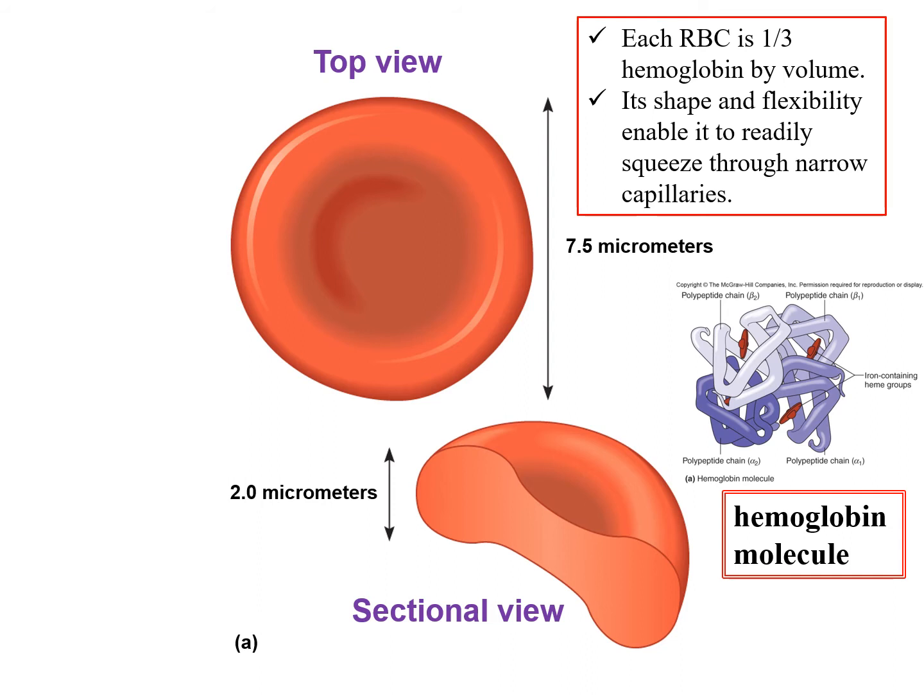This is referred to as a heme group, in the very center of which is iron. Maybe you associate adequate iron in the diet with red cell function. And indeed, that's certainly the case. We'll talk about the importance of iron in just a couple seconds. So we've got millions of these molecules of hemoglobin in each red blood cell, and this molecule is going to be instrumental in helping us transport a lot of oxygen.